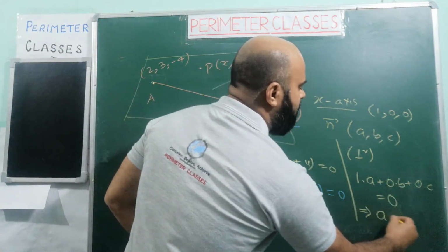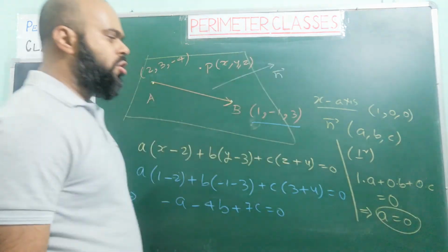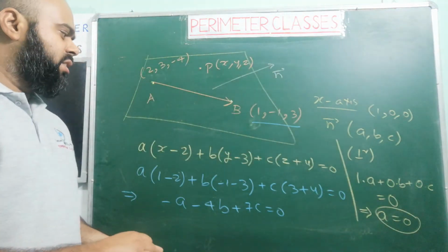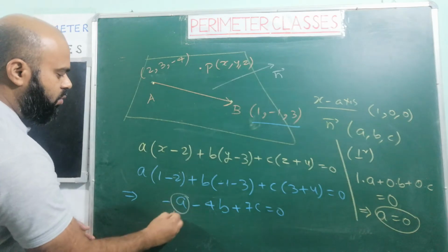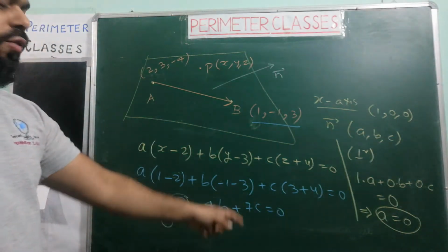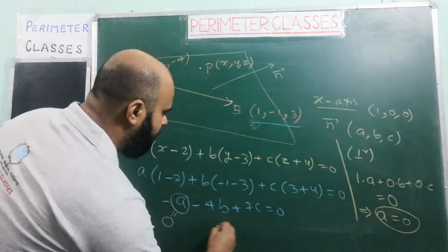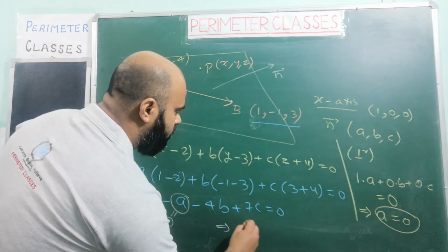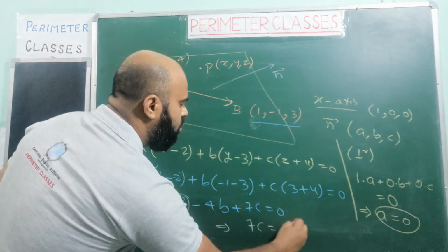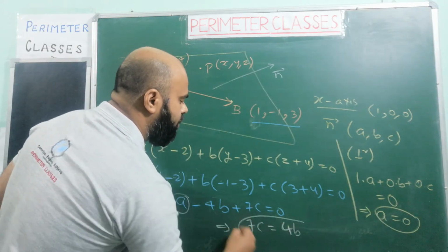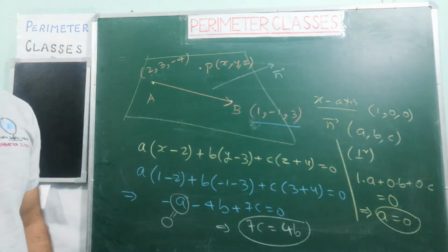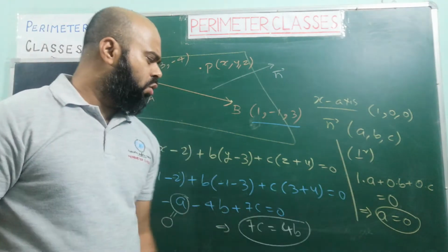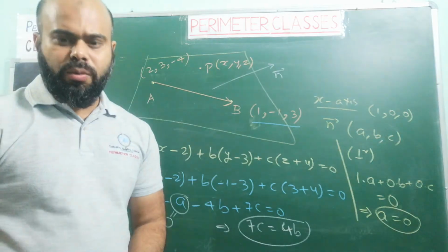So finally A comes out to be 0. This A is actually equal to 0. Now from the earlier equation, there is a relation between B and C. So we can say 7C is equal to 4B. So A is 0 and 7C is equal to 4B.